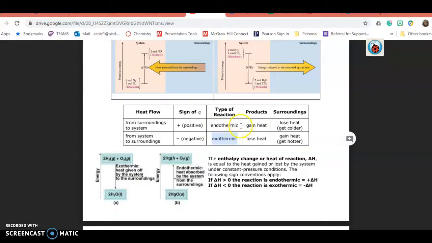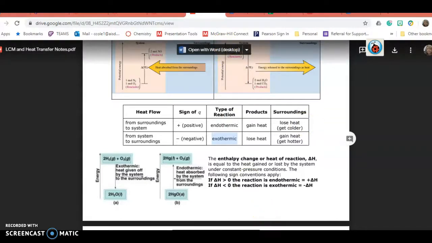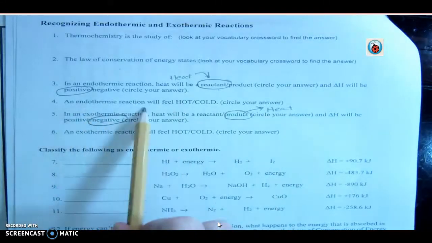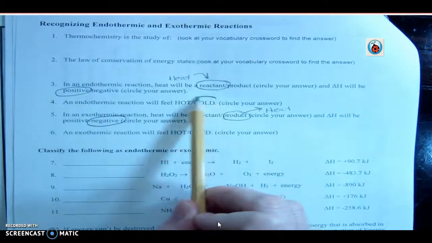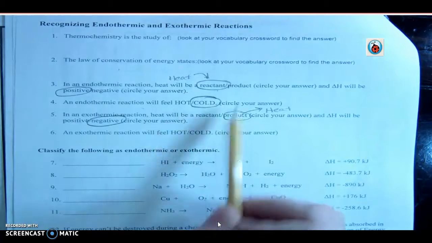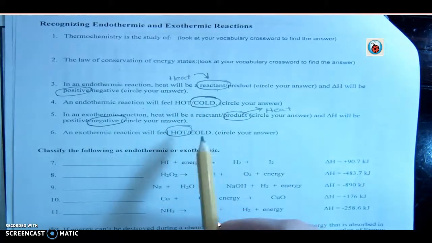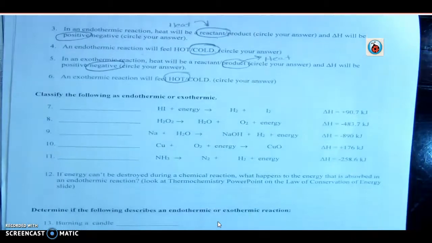If it's endothermic, you're gaining heat. So the surroundings are losing heat, so it feels colder. I know that seems weird. All right, so in an endothermic reaction, the surroundings will feel colder, but in an exothermic, it's going to feel hot because heat is being released from the reaction. Let's look at some actual reactions, though.